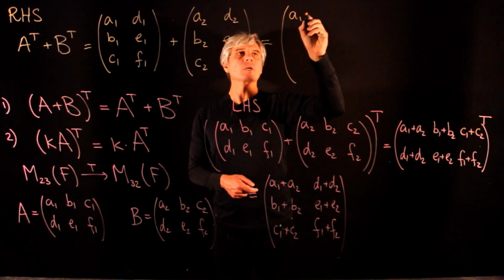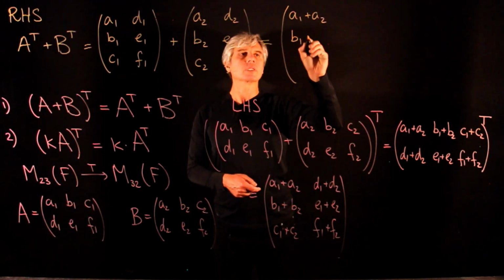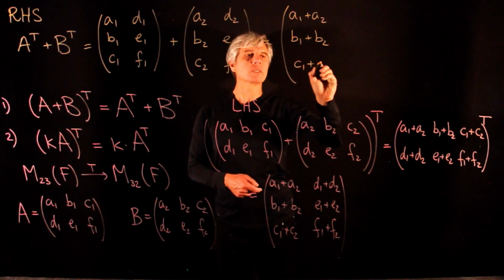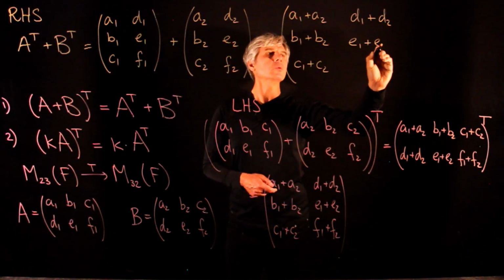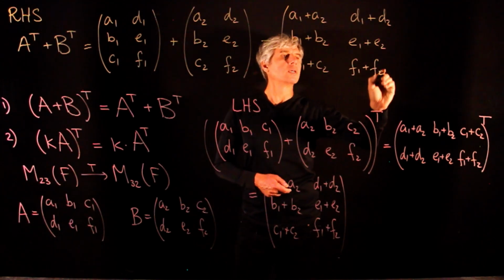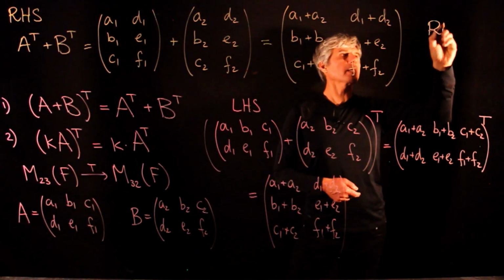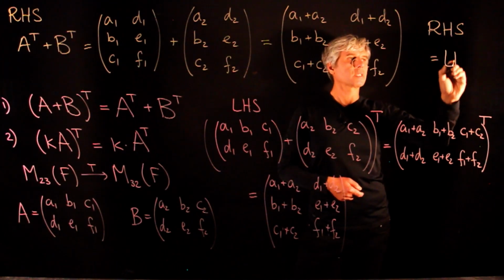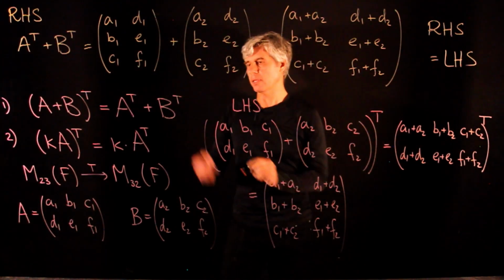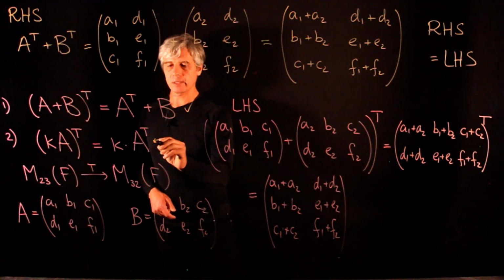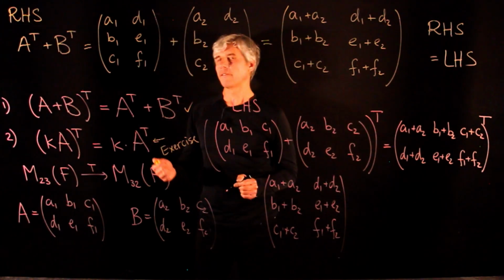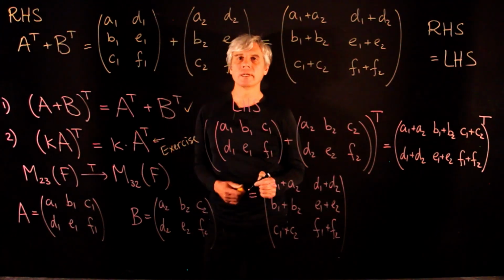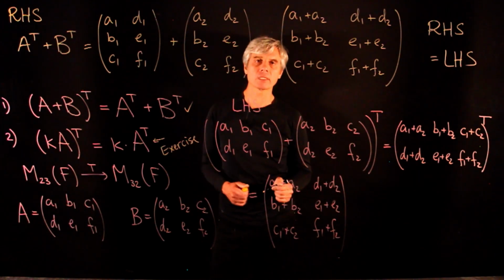So we get A1 plus A2, B1 plus B2, C1 plus C2, D1 plus D2, E1 plus E2, F1 plus F2. And what we see is that the right-hand side is equal to the left-hand side. So this means that this property holds. And again, this property I leave for you as an exercise. Verifying these two properties will prove that transpose of a matrix is a linear transformation.